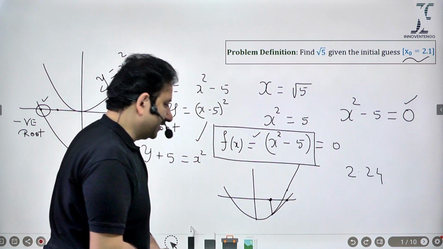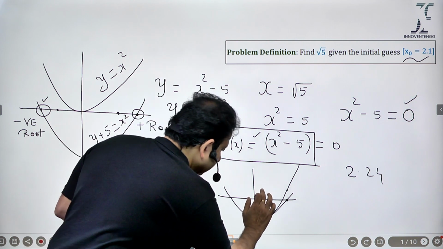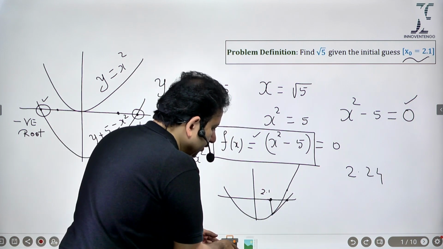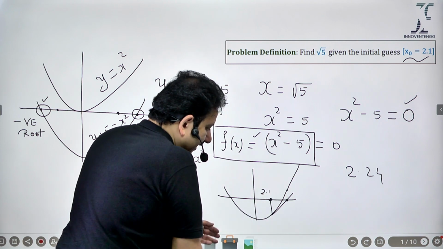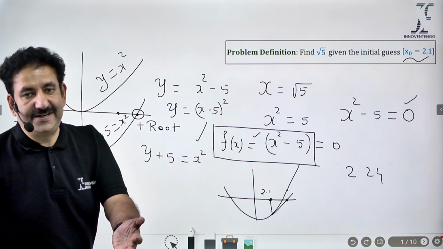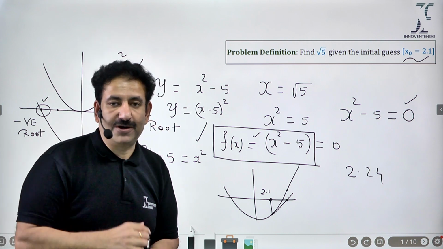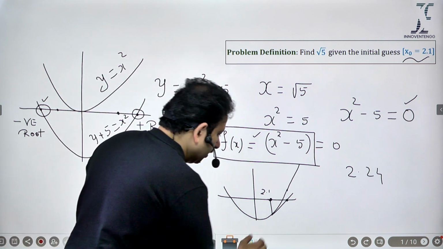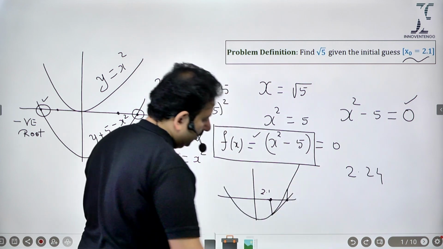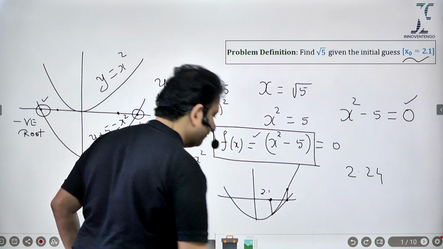That tangent is going to hit the x-axis here. That means first what happens, you start with an initial guess of 2.1, and then because of that you actually get a tangent that cuts the x-axis slightly after the point of interest. That means you are overshooting the root by a very small value. And then what happens, you cannot draw a vertical down, you will have to go all the way up. You draw one more vertical again to the function.